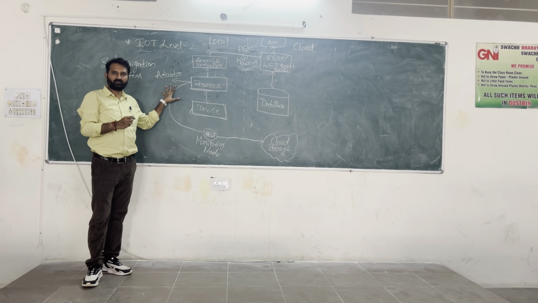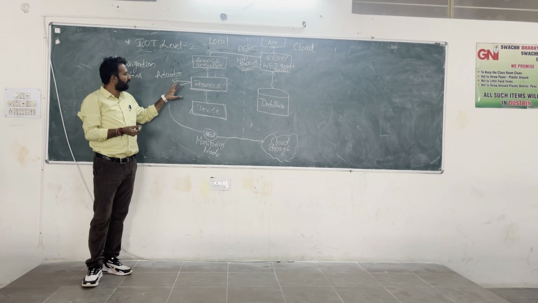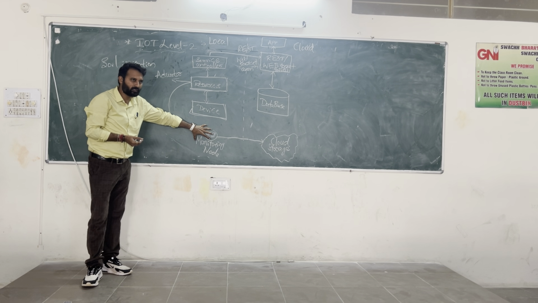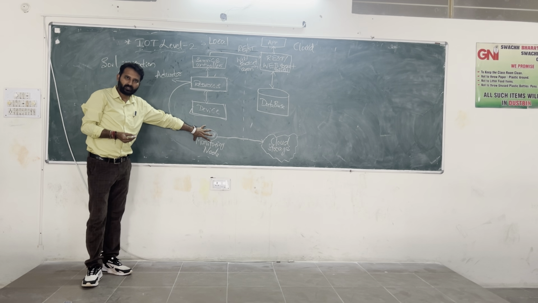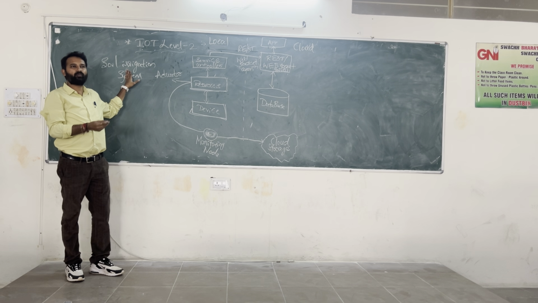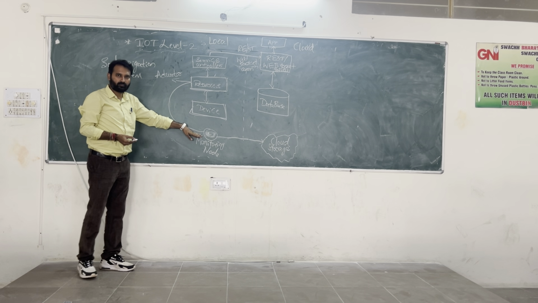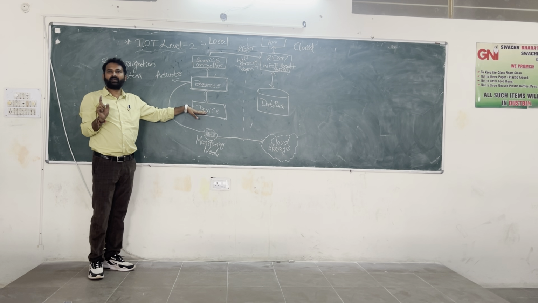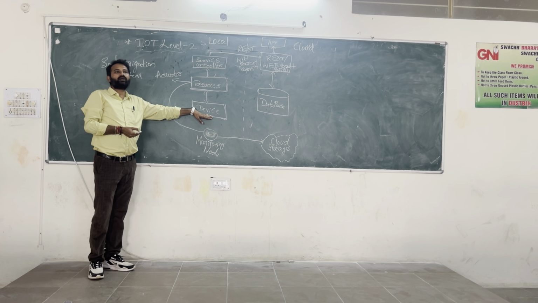Here, what type of actuator we are using, I will tell you later. Your actuator is controlling the input information so that the system will work in a proper manner. Note, a single device which is monitoring, checking, and updating, everything is done here: the moisture level presence in the soil.